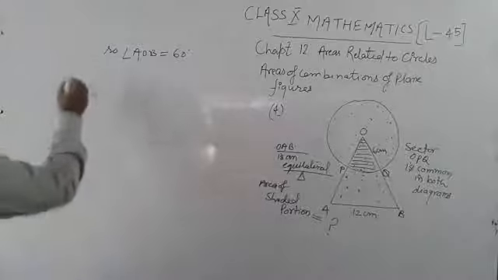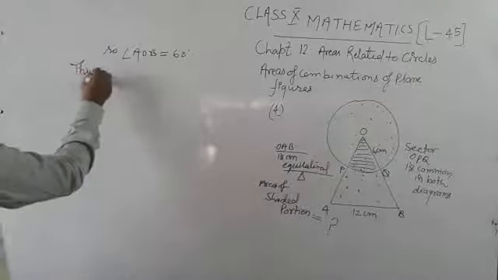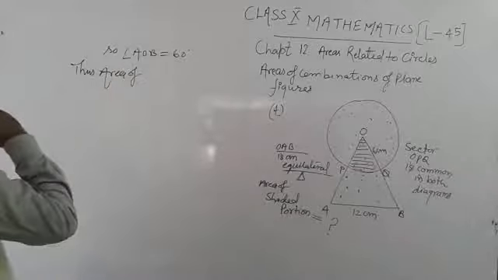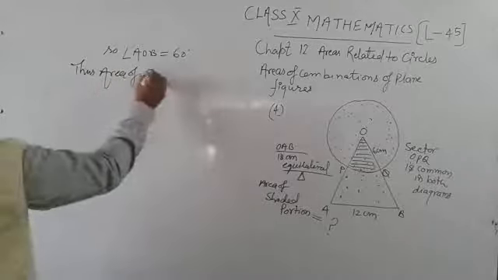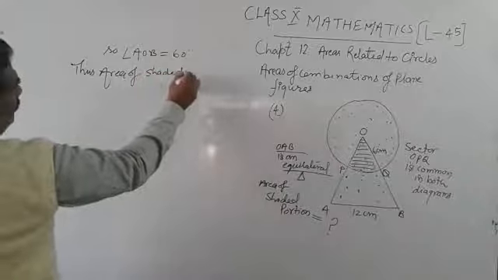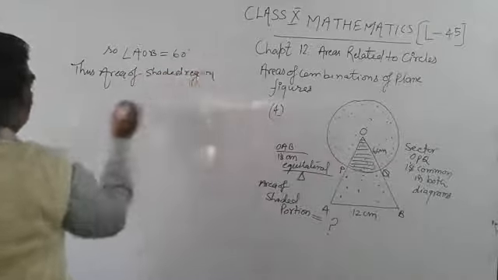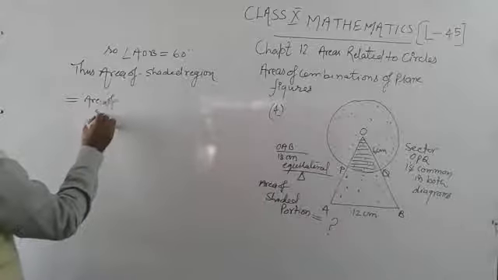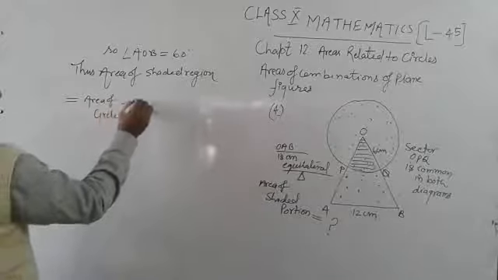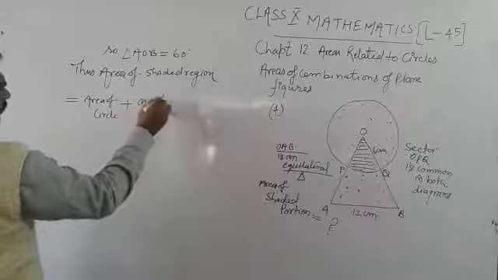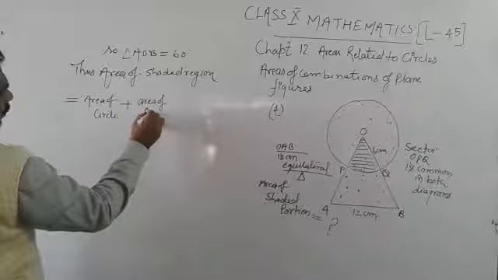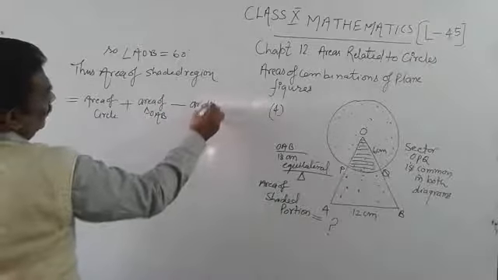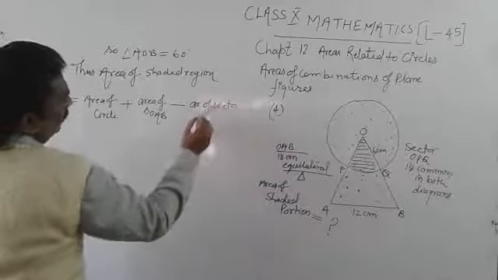Then we can write here, thus, the area of the shaded region is equal to first the area of circle plus the area of triangle OAB and minus the area of sector OPQ.